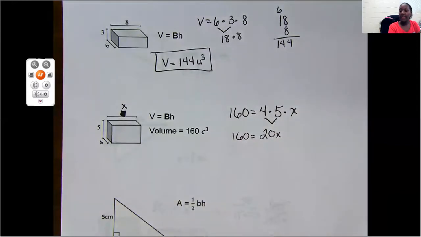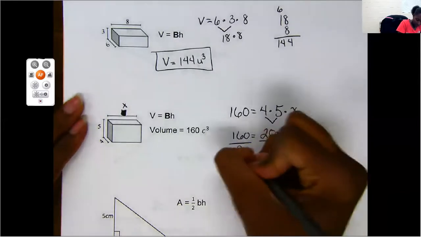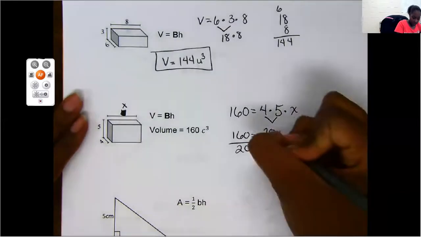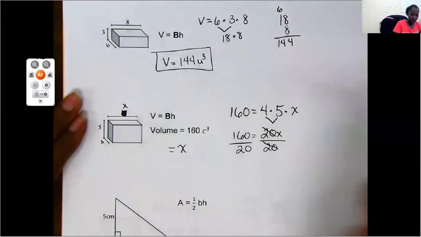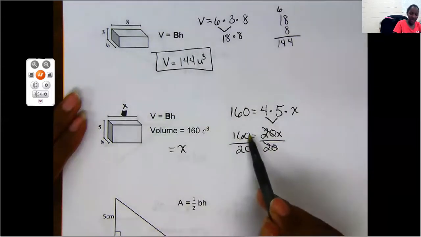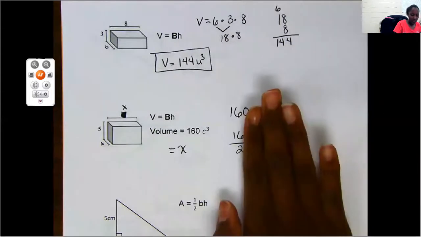I need X by itself so I can know what that missing number is. In order to get X by itself, I need to get rid of the 20 that is attached to it. So I need to divide both sides by 20. 20 and 20 cancel out and leave me with just my X. Over here, I end in a 0, so I can cross those out and just look at this.